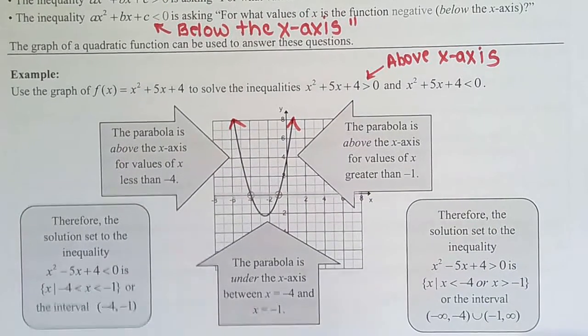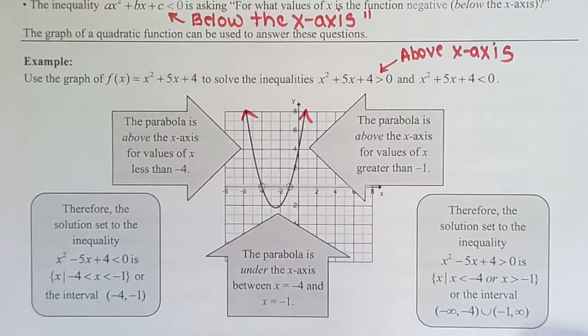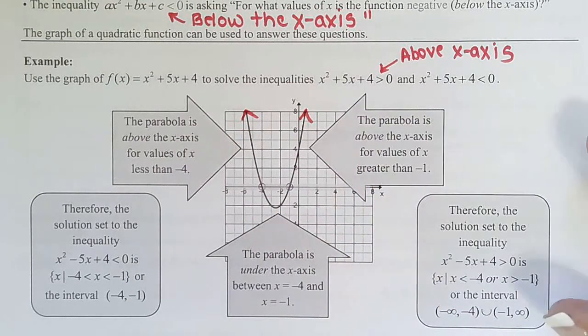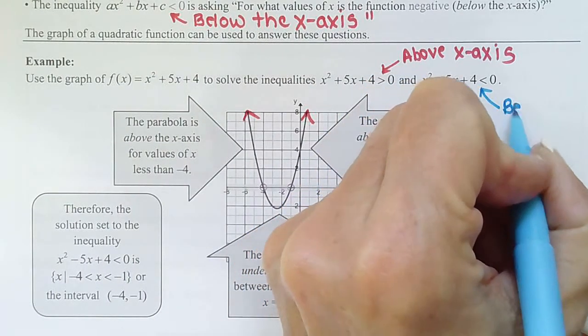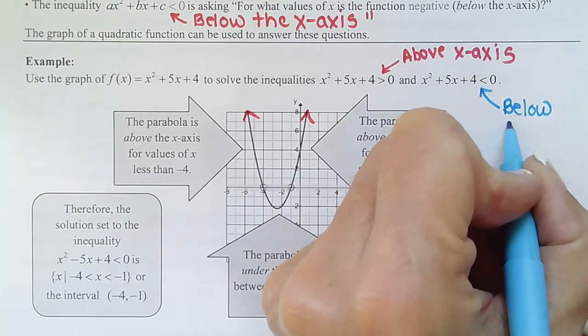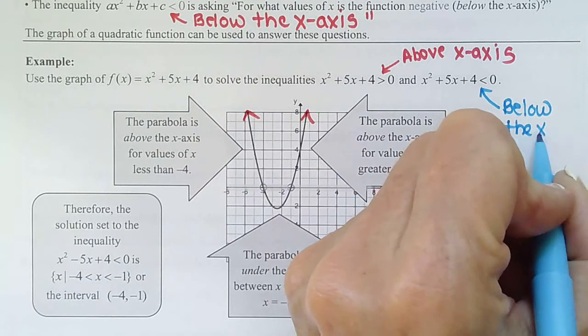So back when we did inequalities and when we do domain and range, we use interval notation. These do too. So I'm going to do above in red and I'm going to do below in blue, just so you can see it on the graph.